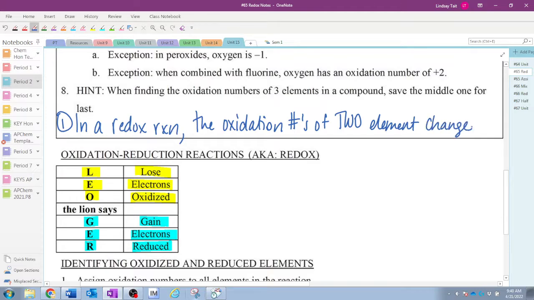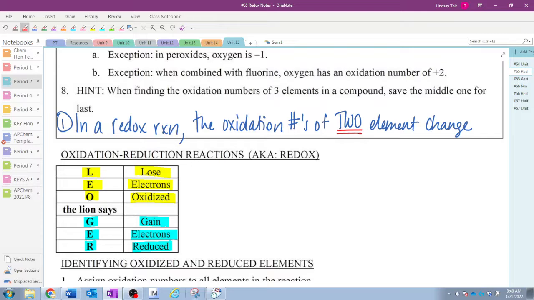So remember, you've got a reaction that has reactants and products, and conservation of mass, if you got a hydrogen on the reactant side, there's going to be a hydrogen on the product side. And if you assign oxidation numbers to all of the elements on both the reactants and the product side, in a redox reaction, what you will find is that for two of those elements, their oxidation number on the reactant side will be different than their oxidation number on the product side, indicating that they have gained or lost electrons.